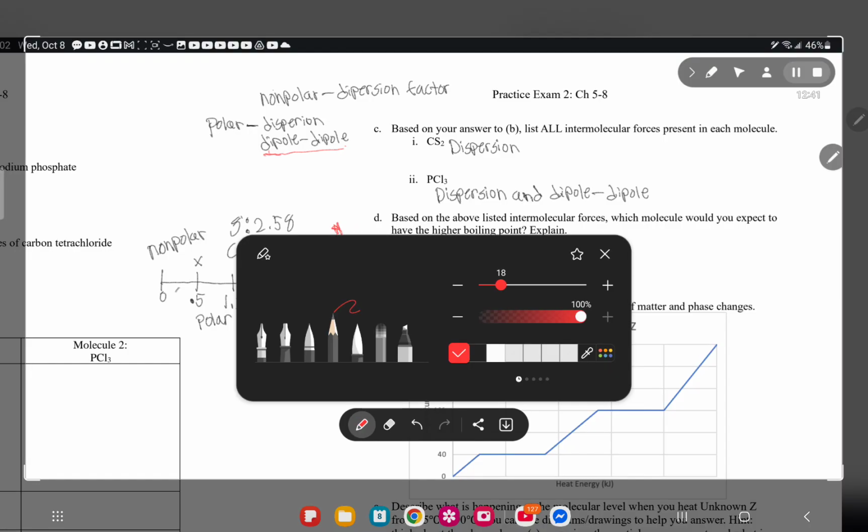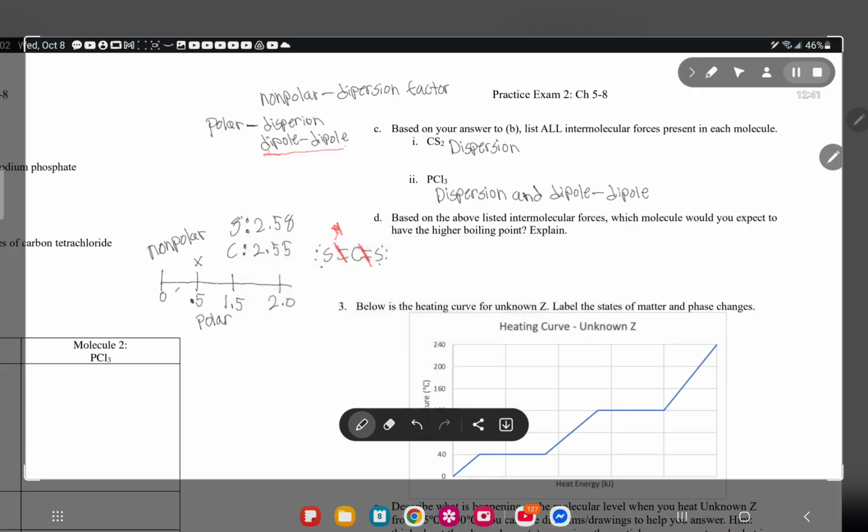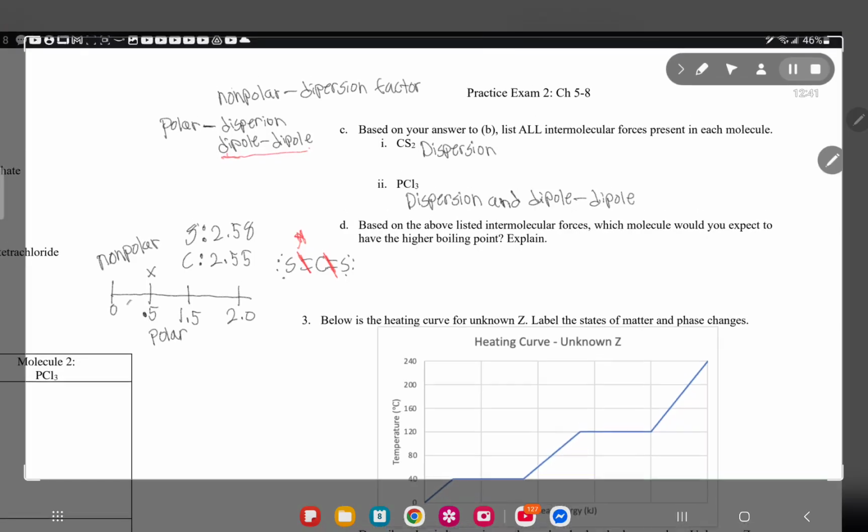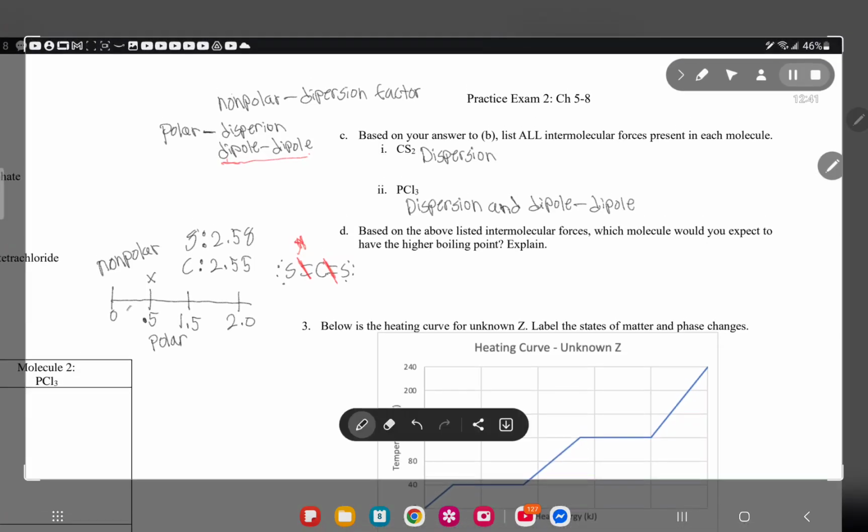Right. Now, a stronger intermolecular force is going to be the PCl3. Right.